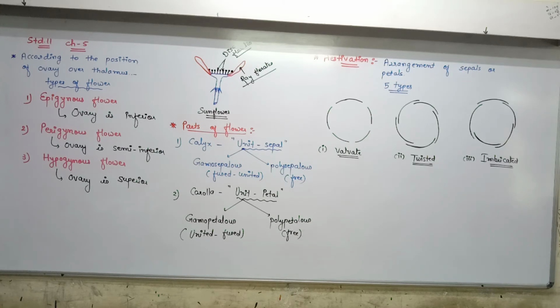What do you mean by imbricated? In one unit, both ends cover the other ends of other units. Either it is covered or it covers the other end, or one end is covered or another end covers another.